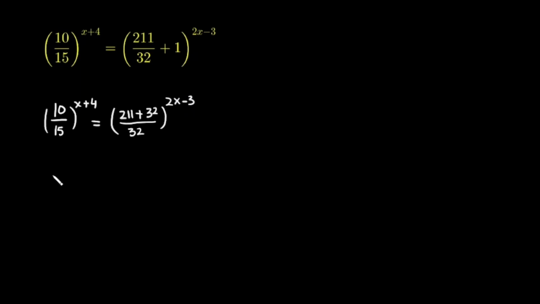So in the next step, (10/15) raised to the power x plus 4 is equal to 211 plus 32. This is (243/32) raised to the power 2x minus 3.